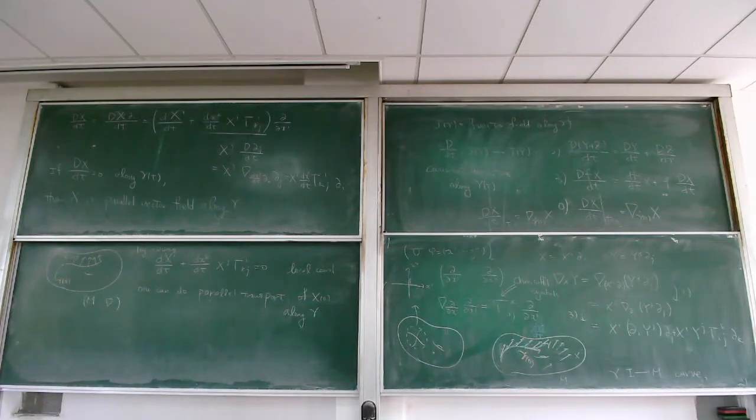So far, we don't use anything about a metric, so we don't need to consider Riemannian geometry at this moment. But in GR, to define a connection, you need to introduce a metric.